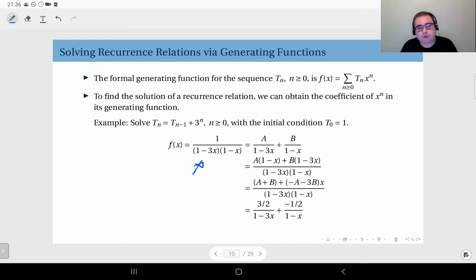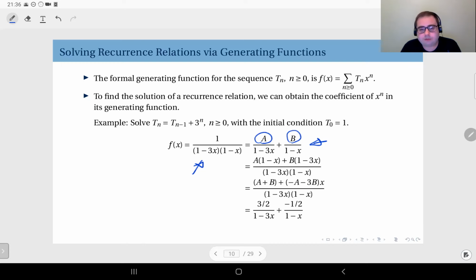The good thing about this is it's already factored out. So I can apply a partial fraction expansion here. The factors are already known, 1 minus 3x and 1 minus x. What I just need to find are this a and this b coefficient.